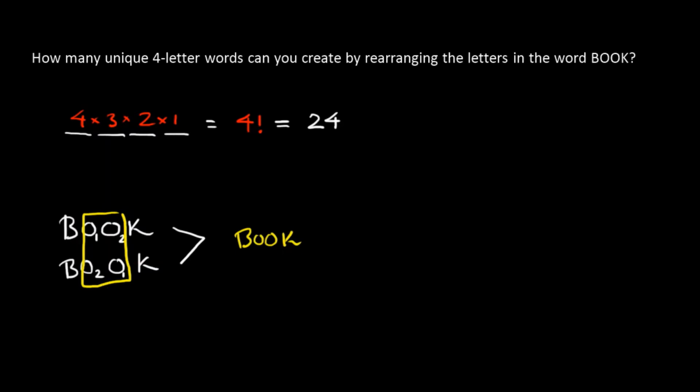And if we flip that around in the reverse, maybe another situation of these 24, we could have K-O-O-B, a backwards book. And maybe I'll stick the subscripts on here because of course the 24 is including subscripts when it's counting them. And I would also quickly realize if I flip those O's in the middle and keep K and B of course in the same spot, how did we overcount that?